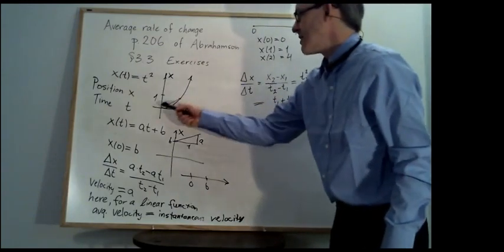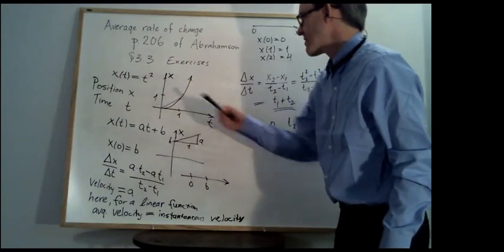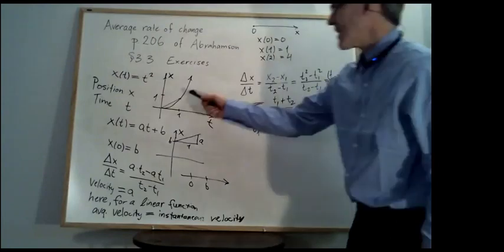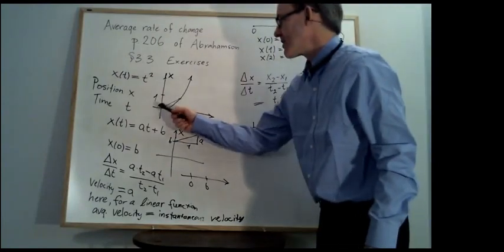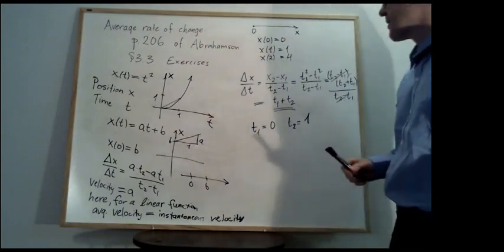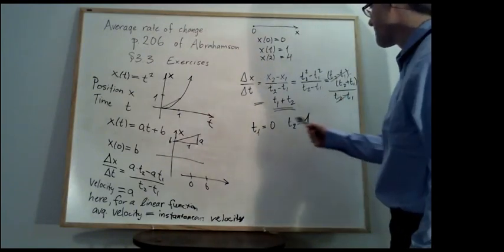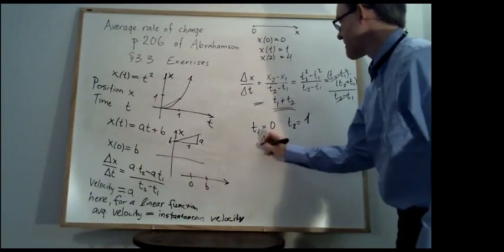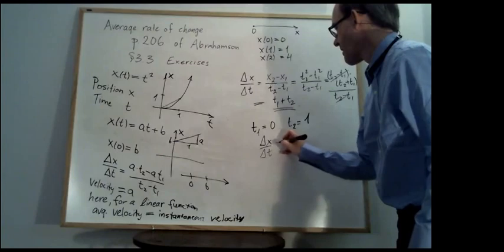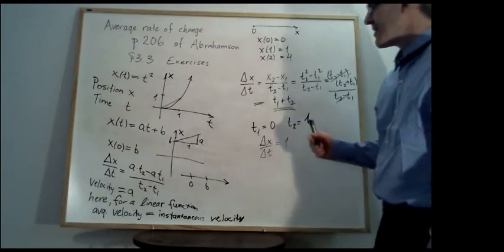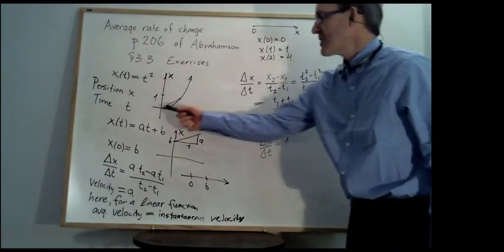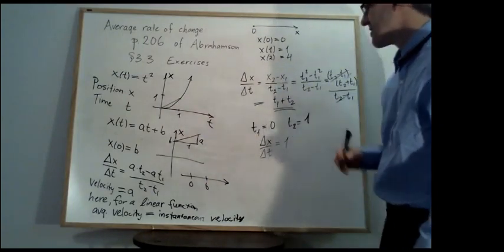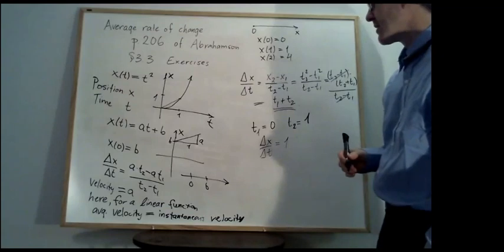You have to find the x1 and x2 as well. What's the slope of that line? Well, it goes from 0 to 1, so it's just 1. And what does it mean? 0 plus 1 is what you get if you plug 0 and 1 in here. So delta x over delta t is 1. It's saying that the average rate of change over this time interval, the average speed of the particle, is 1.